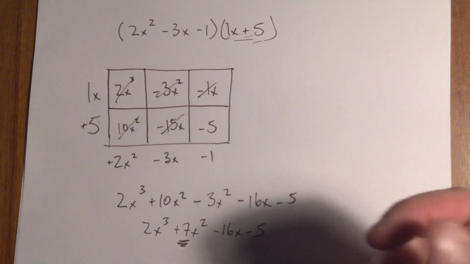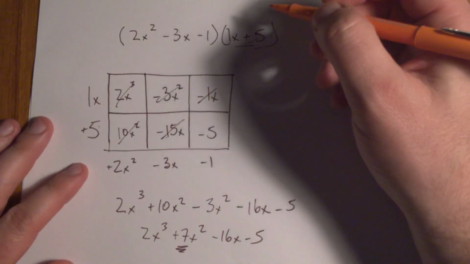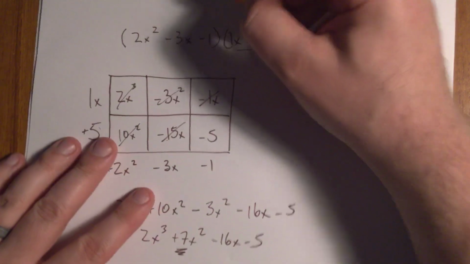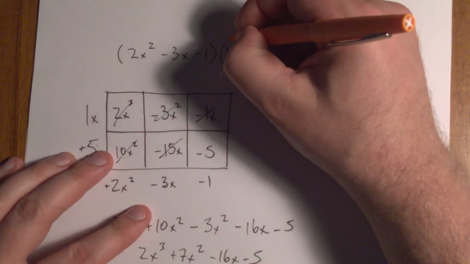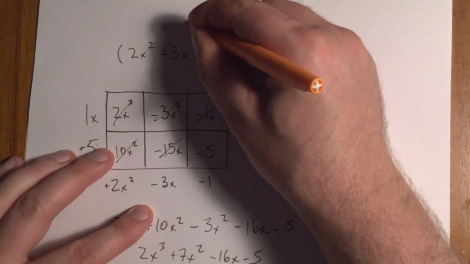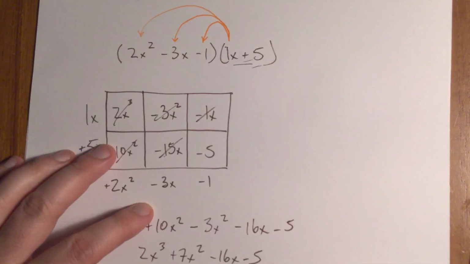Some people don't like doing the area models, which is fine. So you can draw arrows too. Just imagine taking, I'll do it in a different color, you're going to take this number and multiply it times everything in that parentheses.